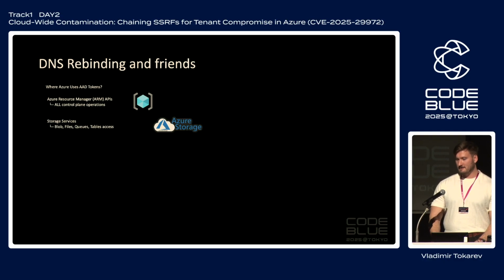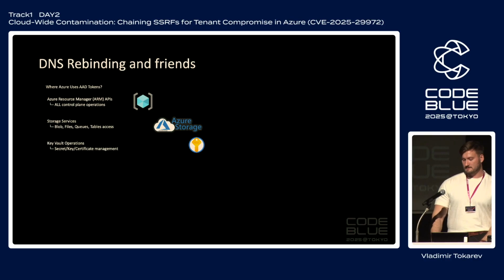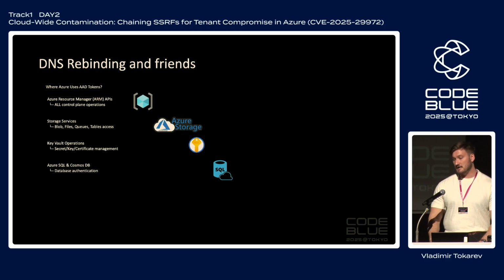Azure Storage, again, all of the actions on storage services require AAD tokens: blob, files, queues, all of those. Key Vault operations, secrets, keys, certificates, management, all of that will need AAD tokens. Then we have Azure SQL and Cosmos DB. Those as well need AAD tokens for database authentication.